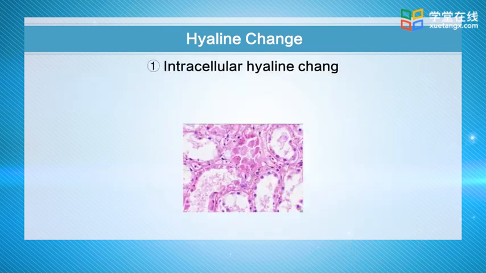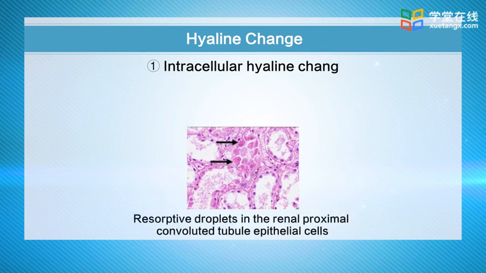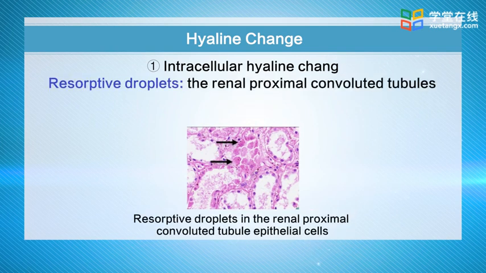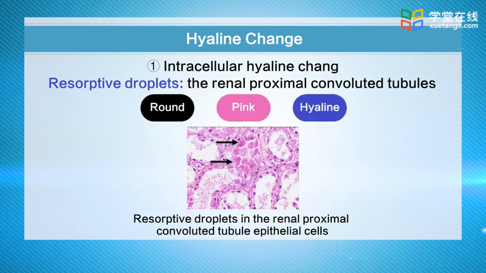Here are the common forms of intracellular hyaline change. In patients with proteinuria, the epithelial cells of the renal tubules show the histologic appearance of round, pink, hyaline cytoplasmic droplets in HE-stained sections.